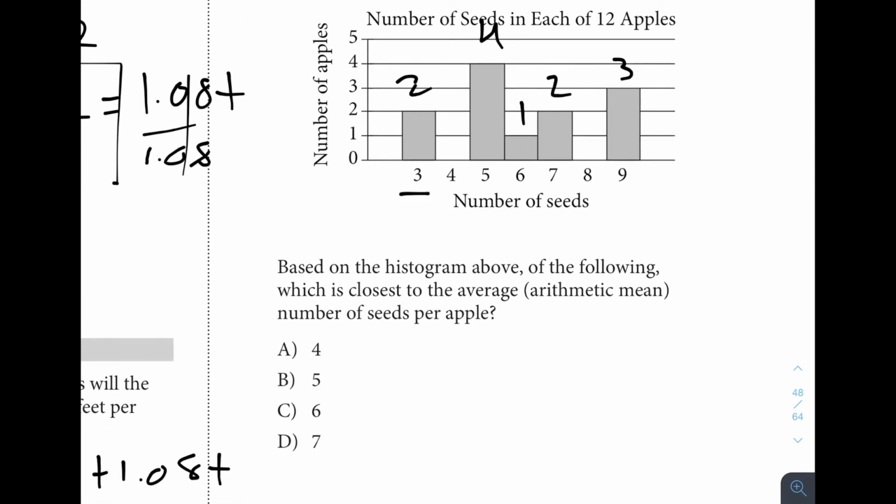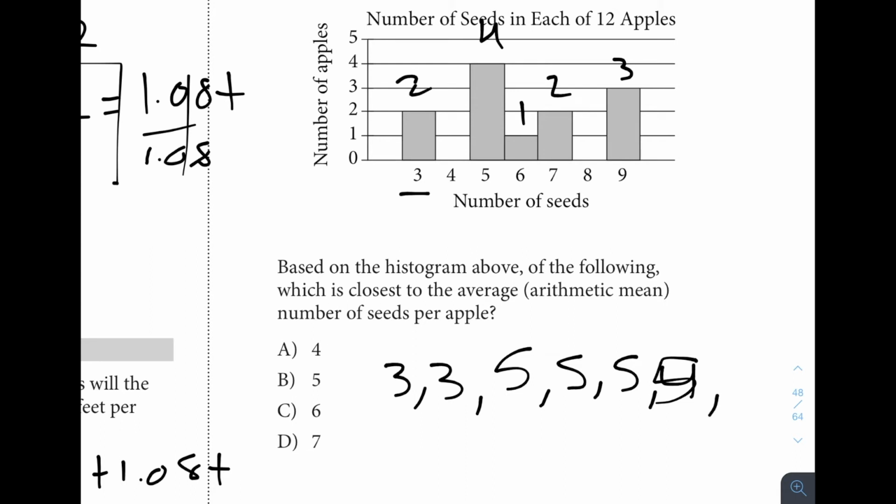Number of seeds: we have 3 apples with 2 seeds. We have 4 apples with 5. 1, 4, 5. And we have 1 apple with 6. We have 2 apples with 7. And we have 3 apples with 9.